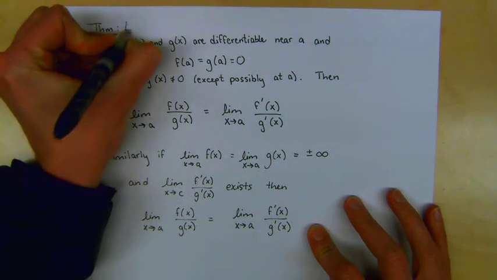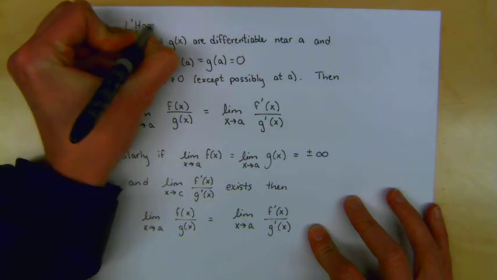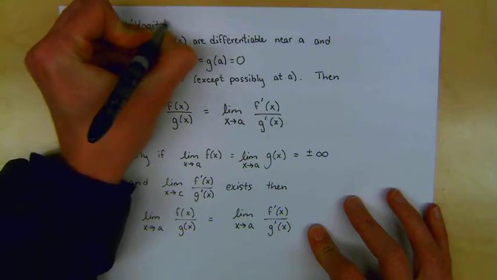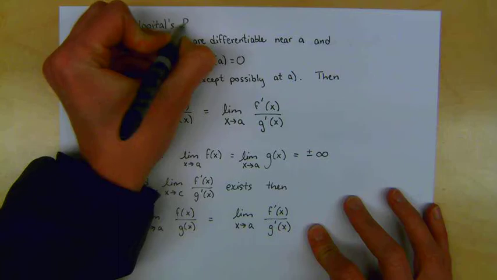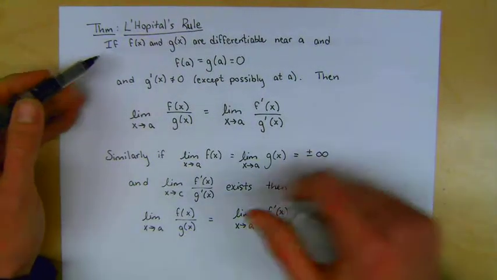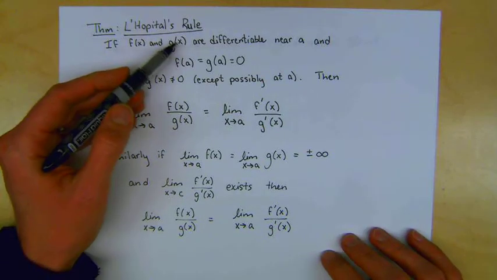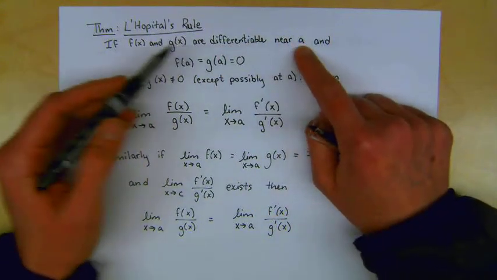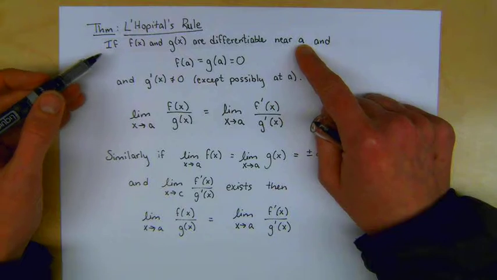This is my theorem. The formal statement is in your book as well, L'Hopital's Rule. So we have two functions, f of x and g of x. We need to make sure that they're differentiable near a because we're going to end up taking a derivative.